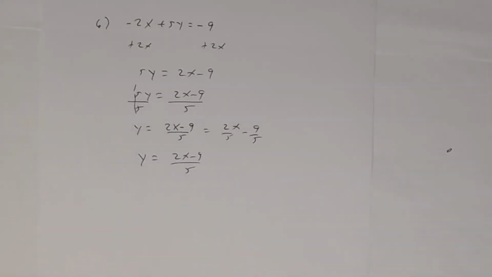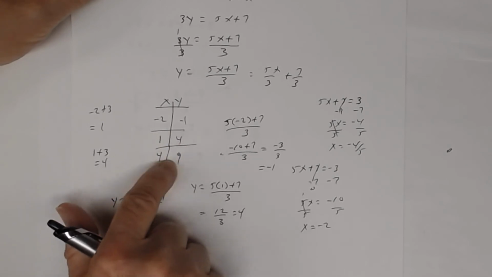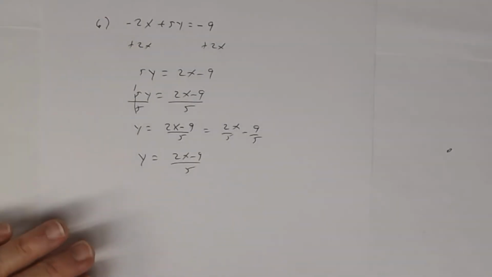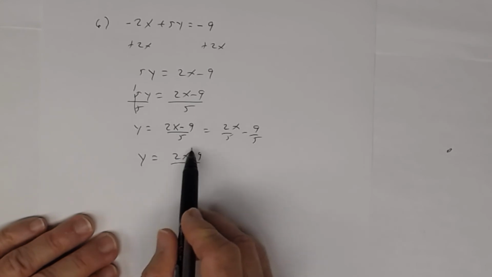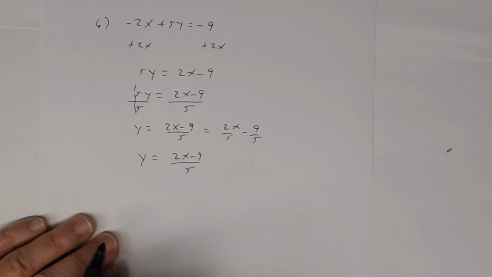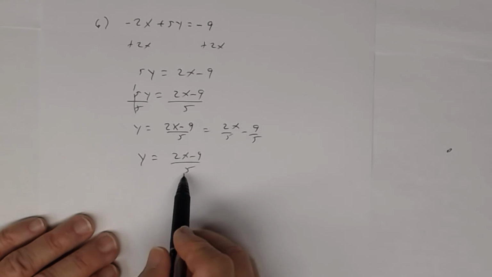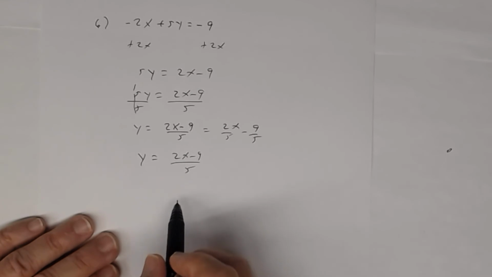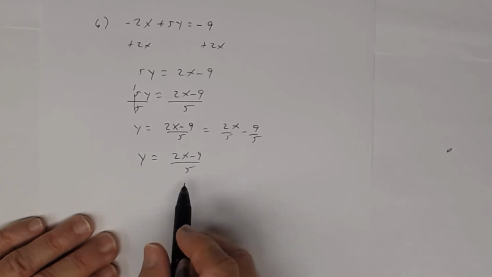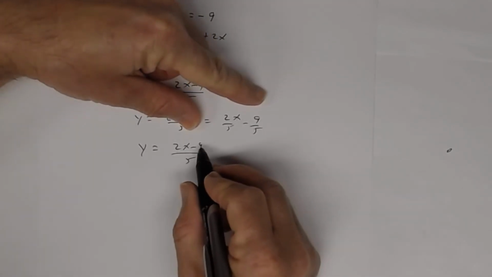So if you want to plot ordered pairs that are integers, you have got to find a numerator that's divisible by 5 that will give you an integer for x. All right, so let's try one. Let's use 5. 5 is divisible by 5, right? If that doesn't work, we'll use negative 5. So actually, let's use negative 5 just to show you something. Negative 5 is divisible by 5, right?